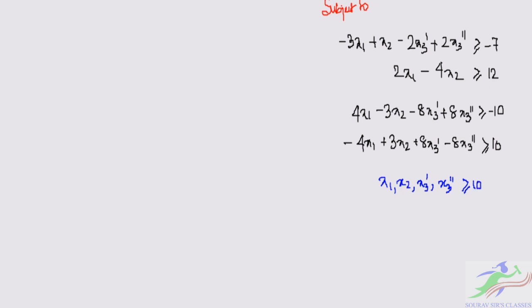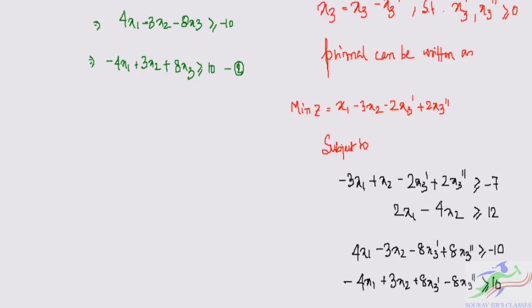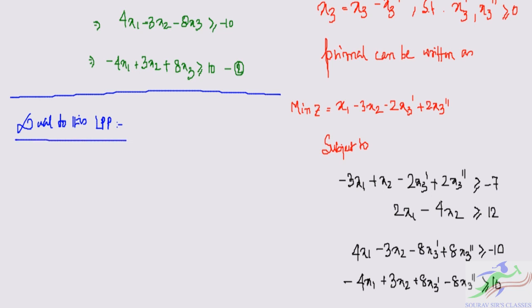So the dual to this linear programming problem will be: maximize W, which is equal to minus 7y1 plus 12y2 minus 10y3 plus 10y4.